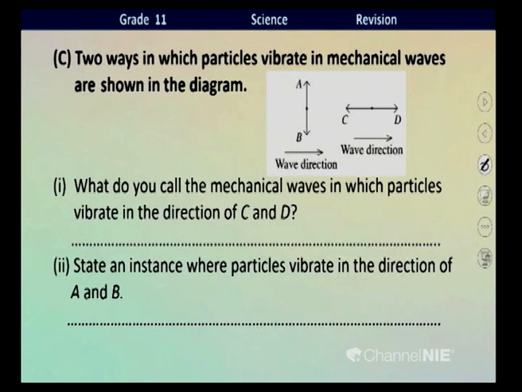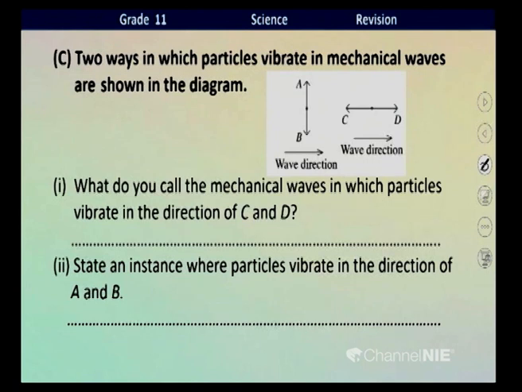Two ways in which particles vibrate in mechanical waves are shown in the diagram. What do you call the mechanical waves in which particles vibrate in the direction of CD? See, here in this particular wave, children, particles vibrate perpendicularly to the direction of the wave.